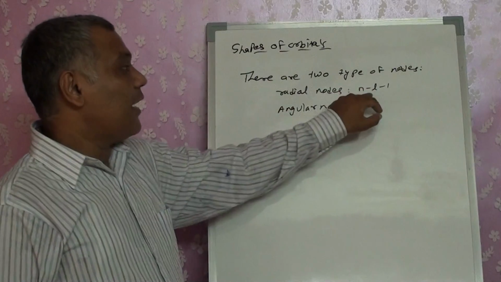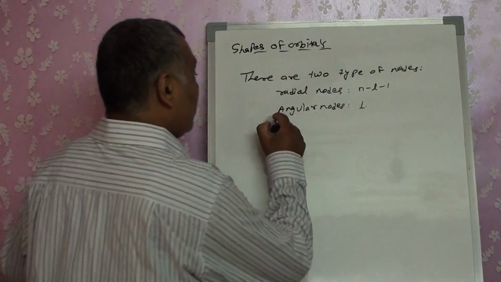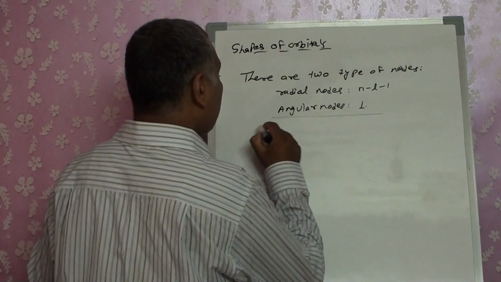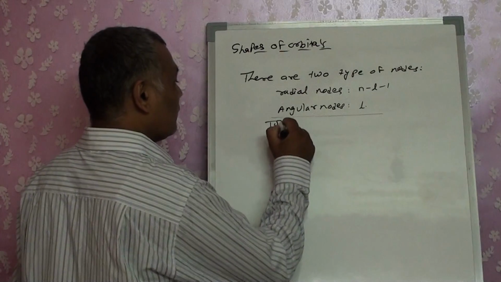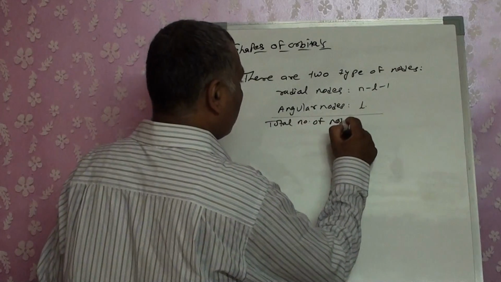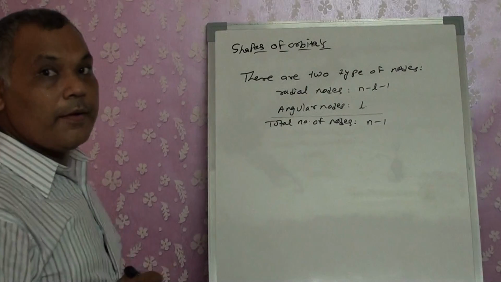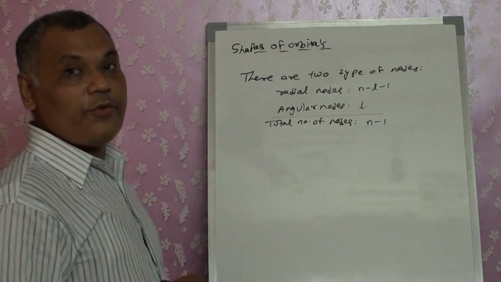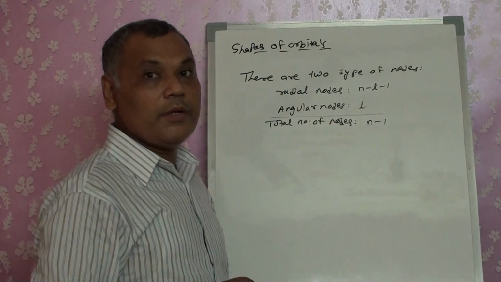Radial nodes means n minus l minus 1, angular nodes means l. That means if I want to calculate the total number of nodes, we get it as n minus 1. Now, we want to study this factor because it can be one of our objective questions.